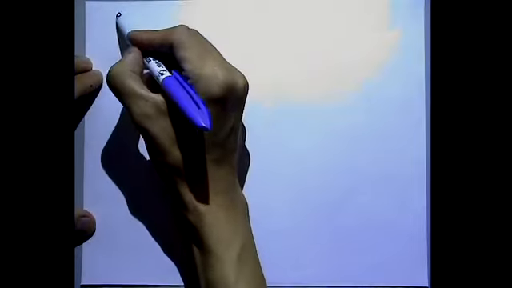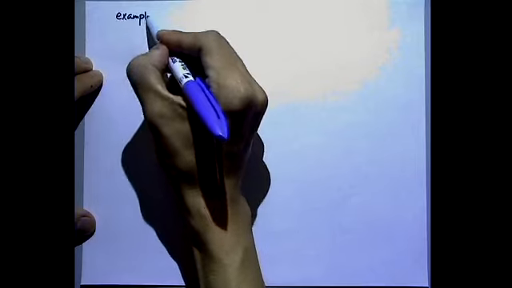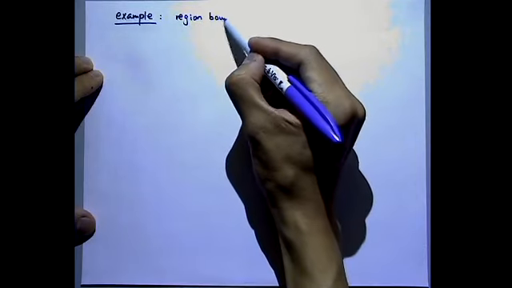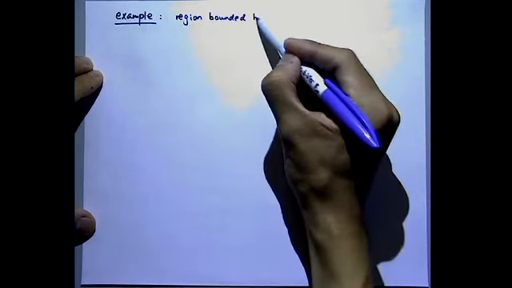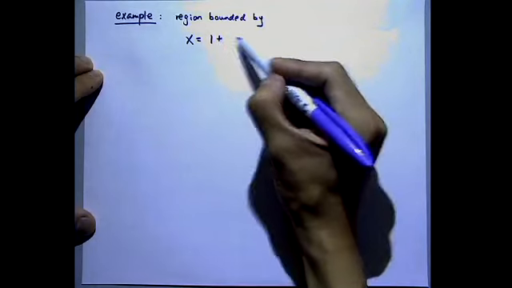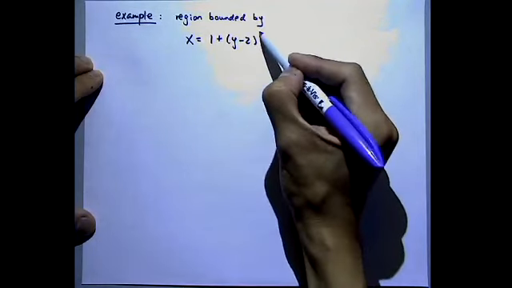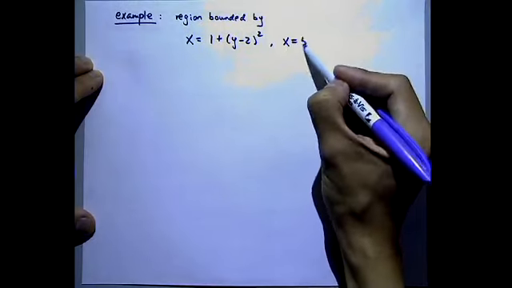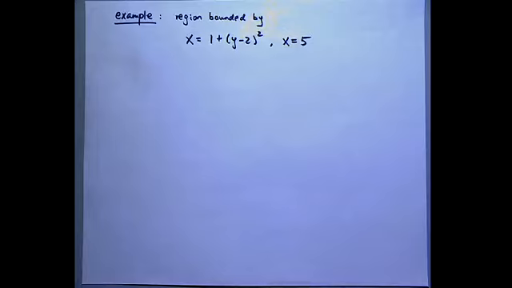Okay, let's do something more interesting. This time the region is bounded by x equal to 1 plus the quantity y minus 2, squared, and x equal to 5.